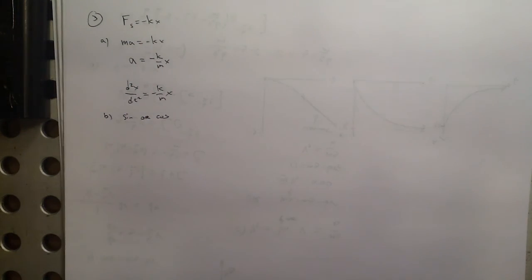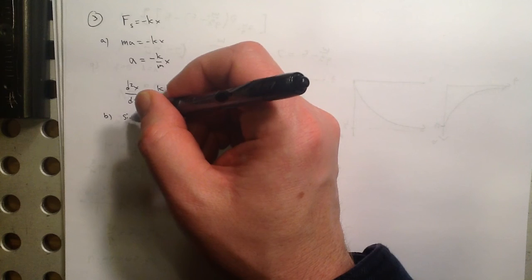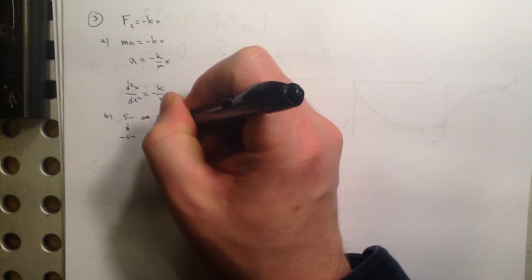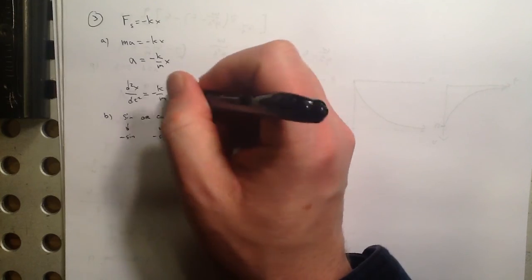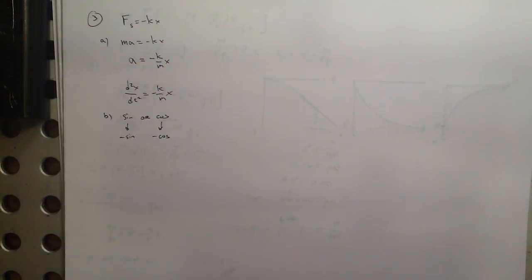Either one would do. And that's because the second derivative of sine is negative sine, and the second derivative of cosine is negative cosine. That's what we're looking for. A function that when you take its second derivative, you get a multiple of the original.